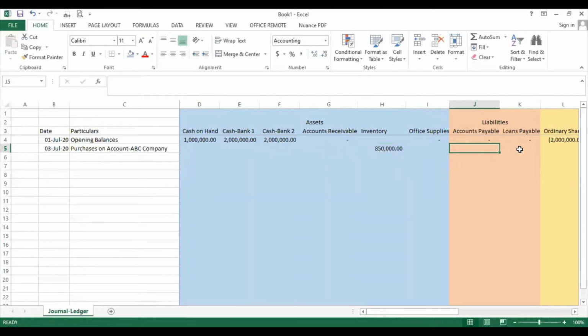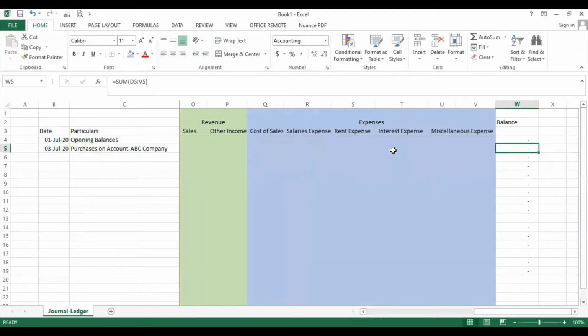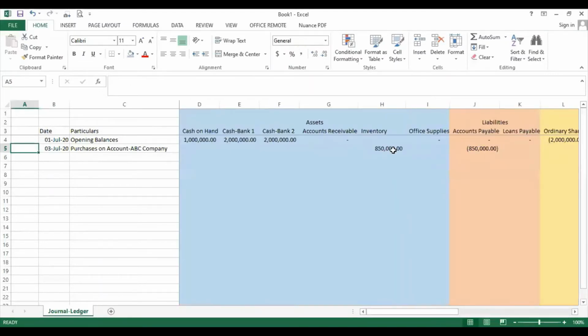For every debit amount, there must be a corresponding equivalent credit amount. So it's minus, then click here and enter, and our balance is again 0. So let's assume another transaction on the 5th of July. So 7/5.